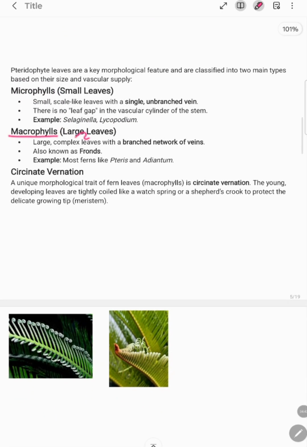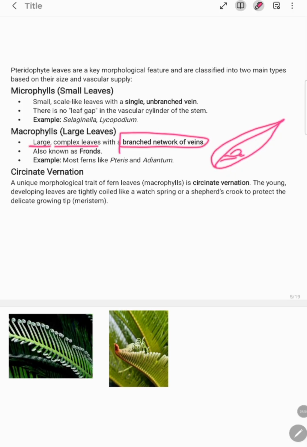Now the macrophyll leaves, these are your large leaves. As the name suggests, they are large, complex leaves with a branched network of veins. See, if this is your macro leaf, macrophyll, here the main vein is dividing. It shows the branching pattern.